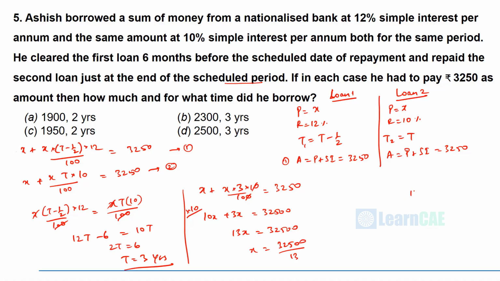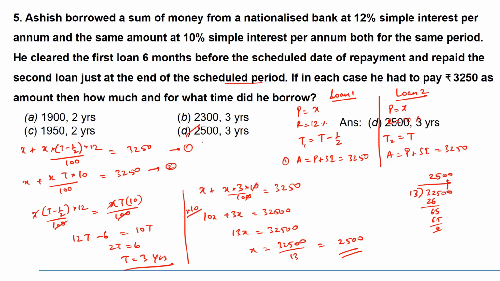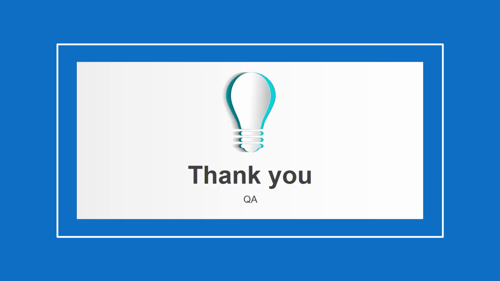We shall divide 32500 by 13. So x is equal to 2500. So the principal amount is 2500 and the time period is 3 years. So the answer is D, 2500, 3 years. We will finish the remaining problems in the next lecture.